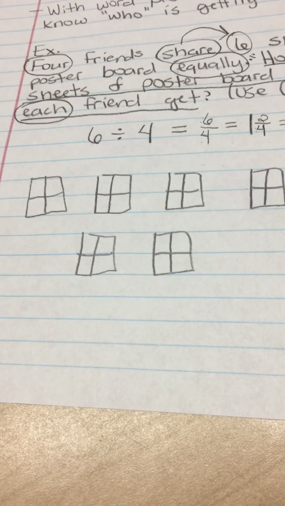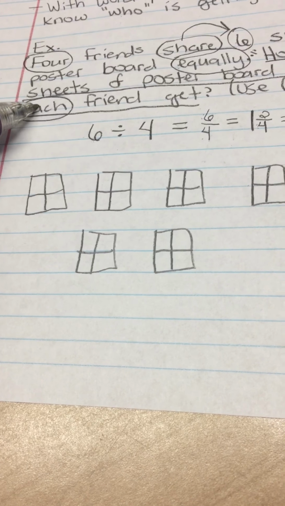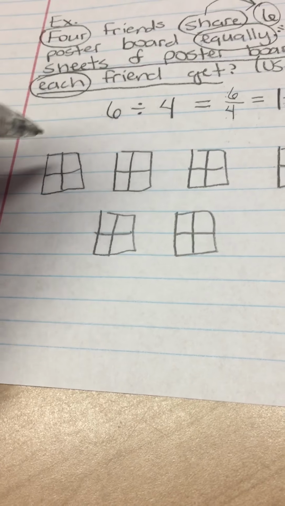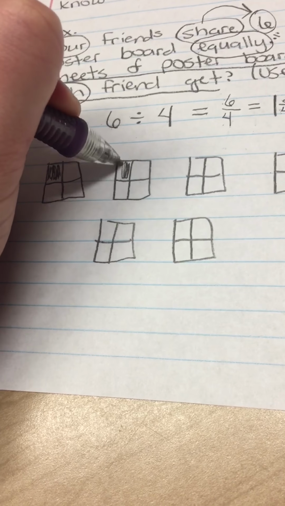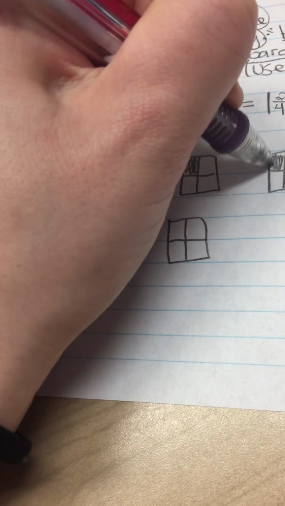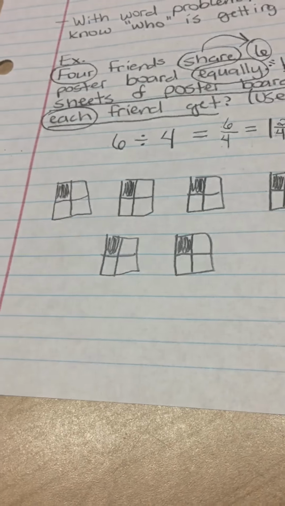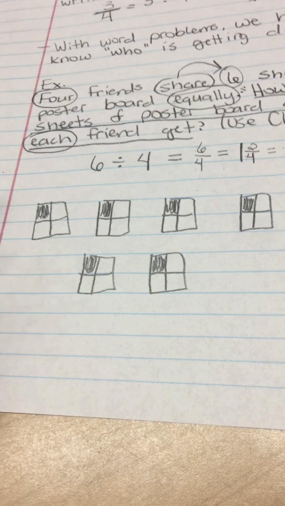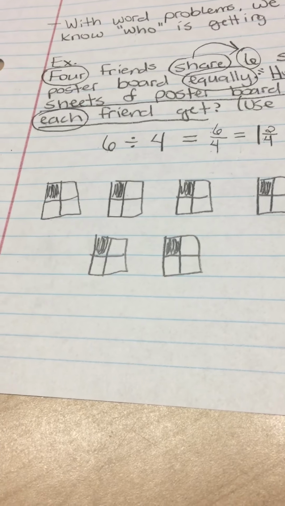And if I want to know how much each friend gets, I'm just going to color in one box here because we're just looking at one person right now. We're not looking at all 4 friends at the same time. Okay, there are the chunks of poster board that each friend will get. They'll get kind of one little corner of each sheet.